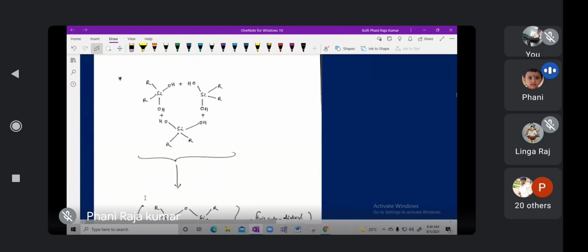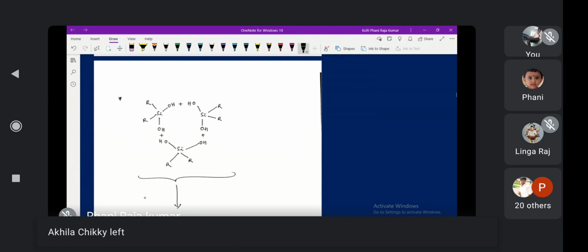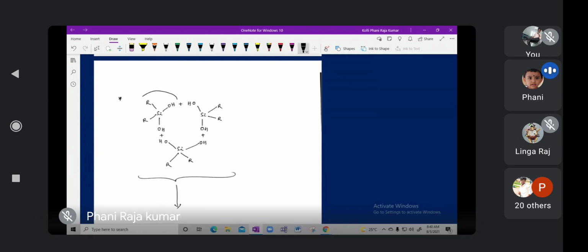Now cyclic silicones. See here, 3 molecules I am taking. This is one, R2Si(OH)2 taken twice, and again. Then elimination of water, condensation polymerization, gives a cyclic compound containing 3 silicon atoms.